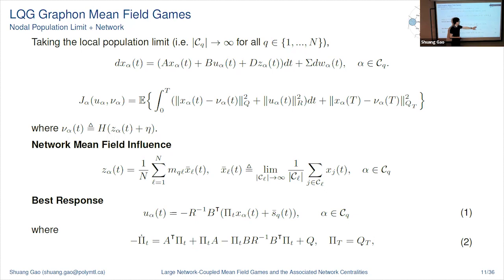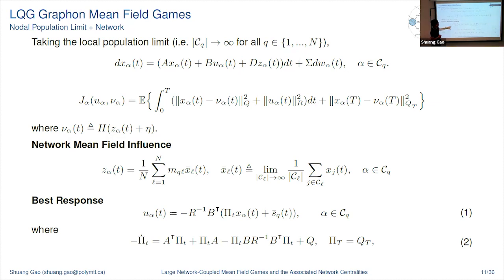When we take the local node population average to the limit, this becomes a deterministic process, and the individual state contribution doesn't matter anymore. And this leads to the network mean field, where you average this mean field over the network with the weights.